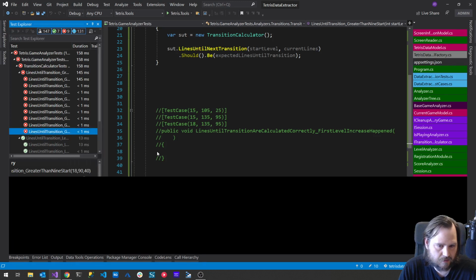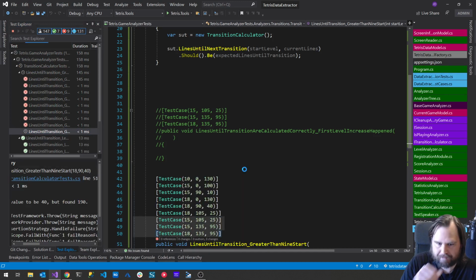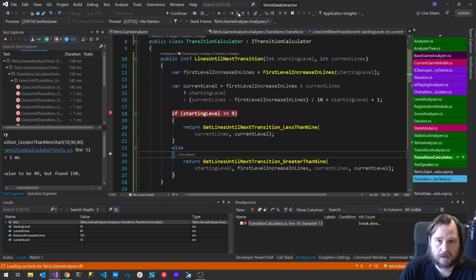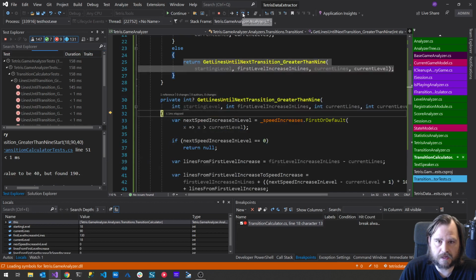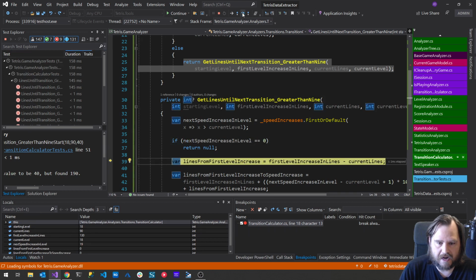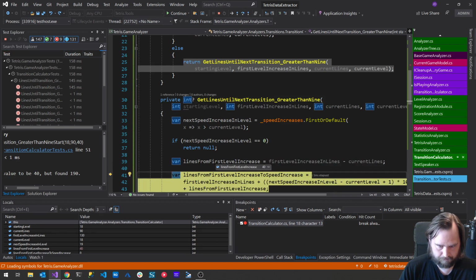This is an interesting one. This is when you've started on 18 and you have 90 lines. You're trying to get to 40. 130 is when transition happens. So we're going to say your next speed increase in level is 19. Your lines from the first level increase is 40.